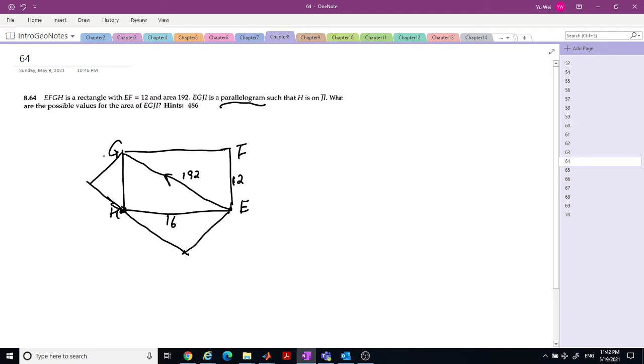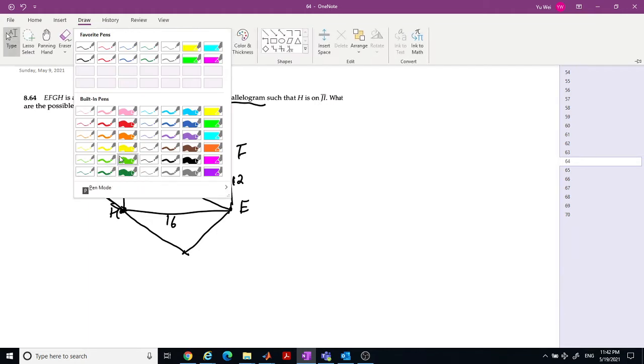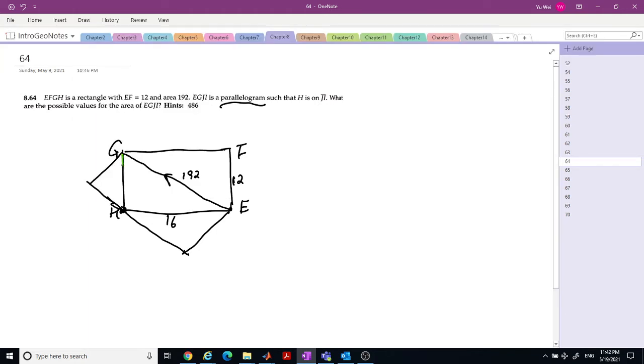So the connection here is this triangle. It just asks what is the area of the parallelogram EGJI.